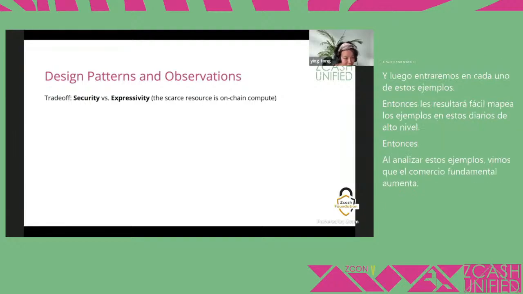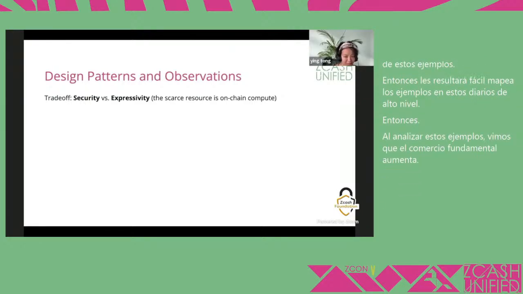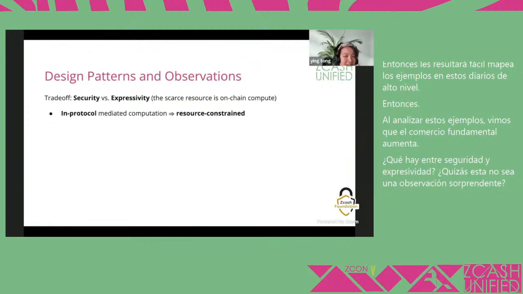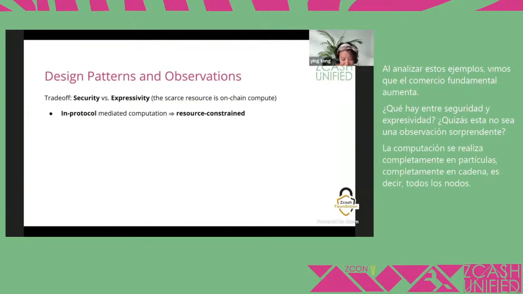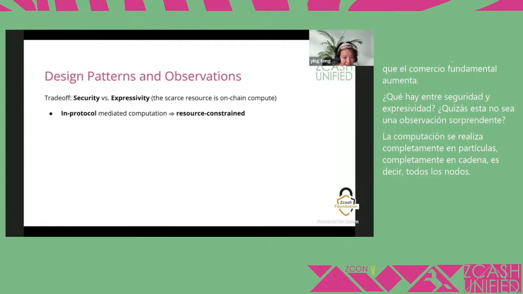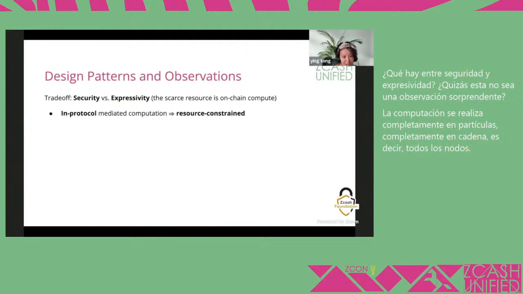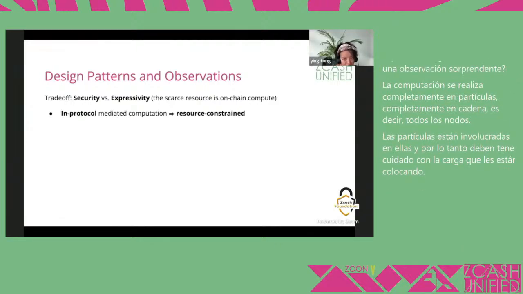Maybe this is not a surprising observation. The scarce resource is always on-chain compute. If your mediated computation is fully in protocol, fully on-chain, that means all the nodes in the protocol are involved in it, and therefore you have to be careful of the burden that you're placing on these nodes. Effectively, an in-protocol mediated computation is happening in a resource-constrained setting.